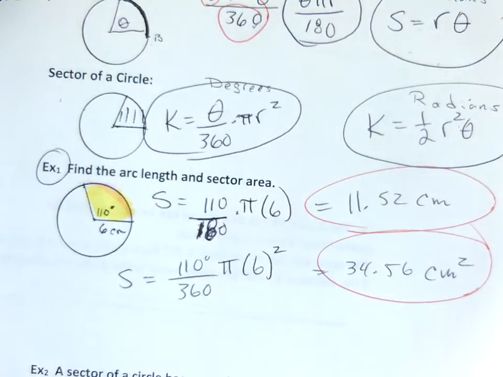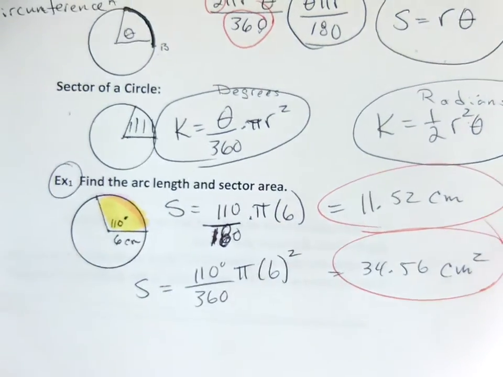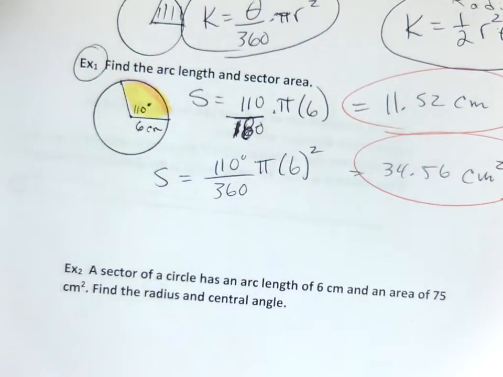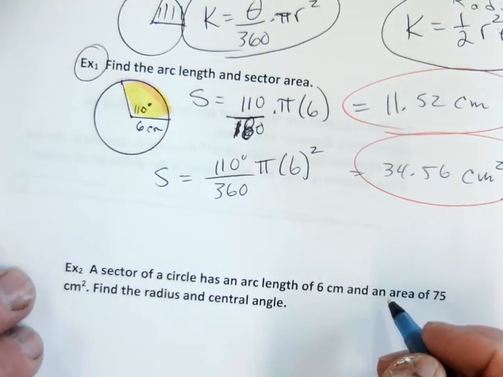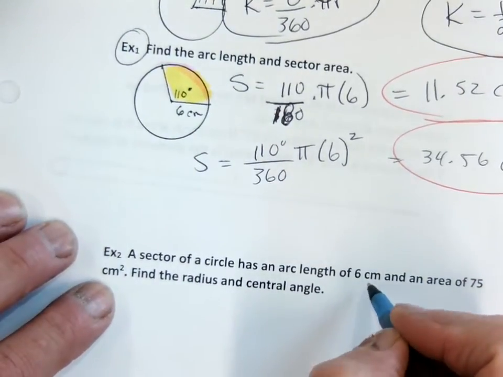So to do this lesson, it all depends on only one thing. Is it in terms of radians or in terms of degrees, all right? So example 2, a sector of a circle has an arc length of 6, area of 75, find the radius and the central angle. Now, example 2, we don't know anything about theta, right?